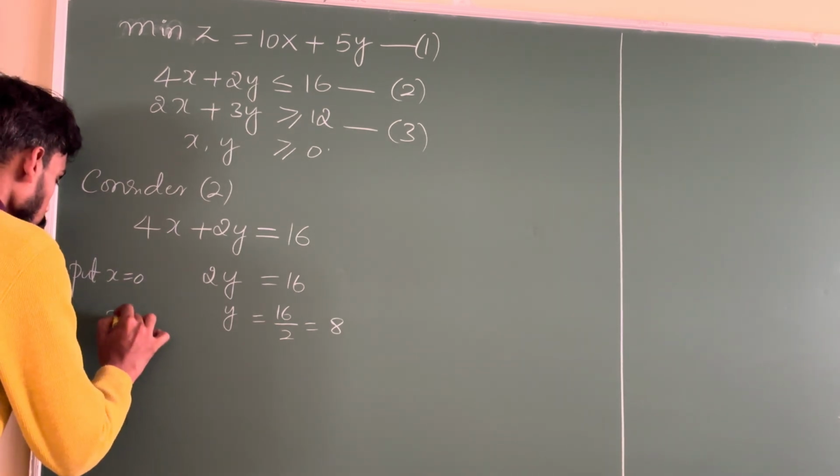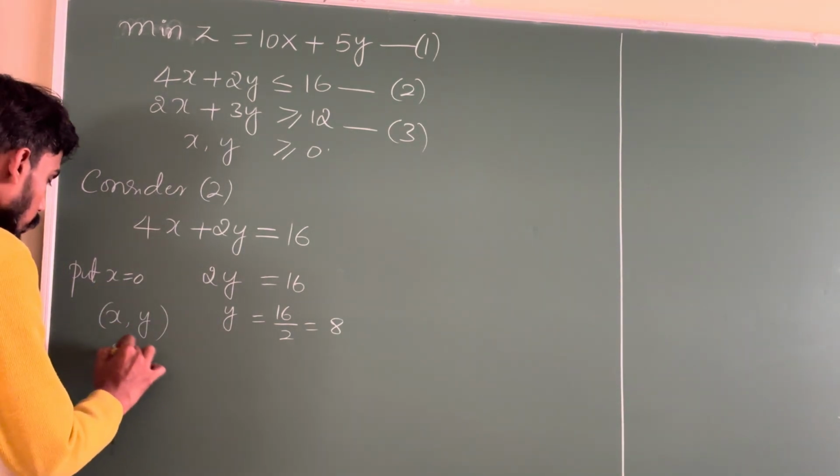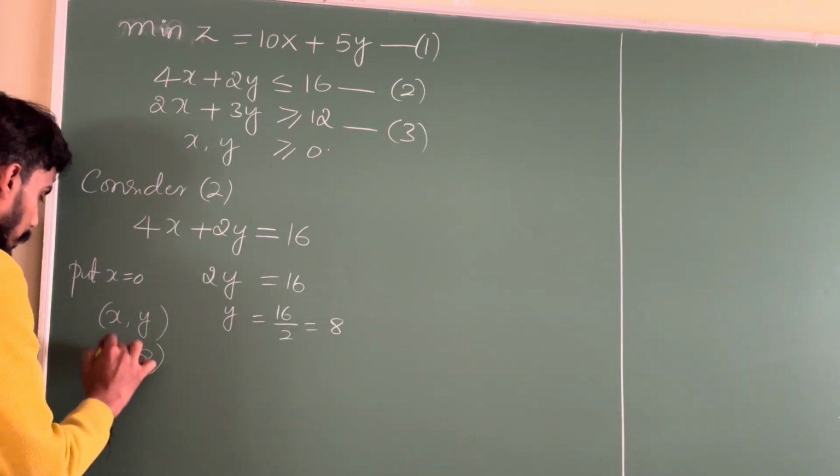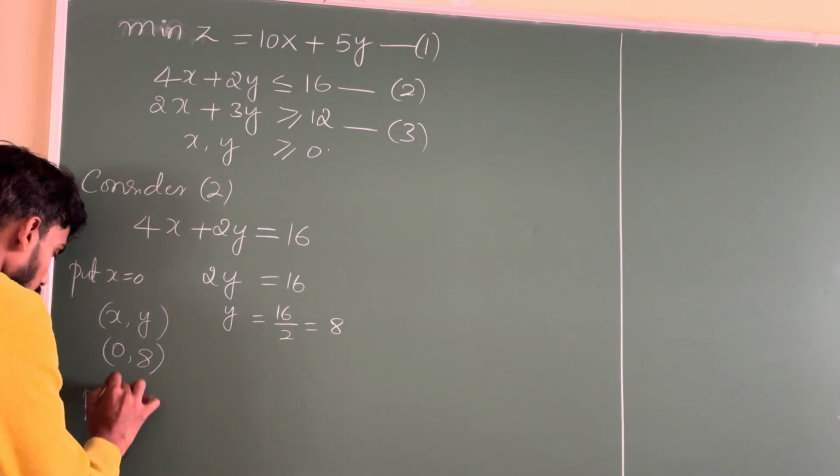You should write this in the form x comma y, where x is 0 and the value obtained is 8. Once you substitute x as 0, then put y as 0.